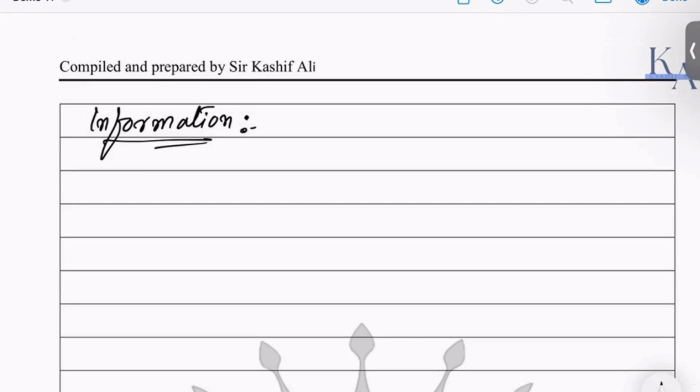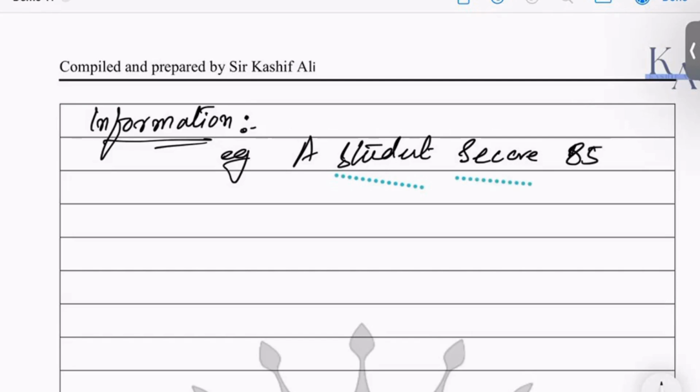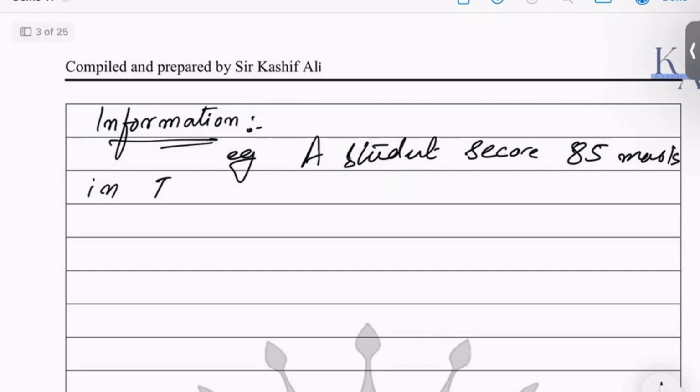Okay, once the data is meaningful, like for example, if I'm writing a student scored 85 marks in IT, so that is known as information. Okay, so it means that the data has turned into information. So information is the data that has been processed and given meaning.